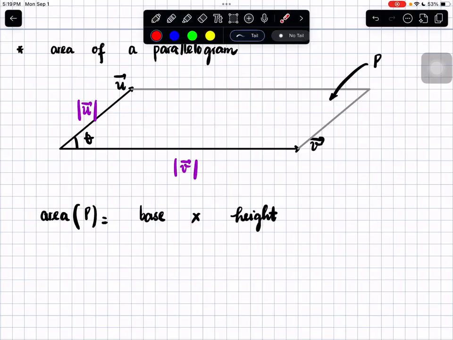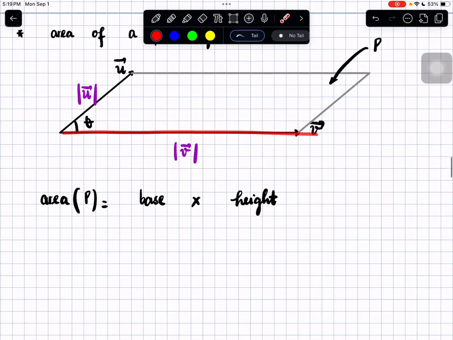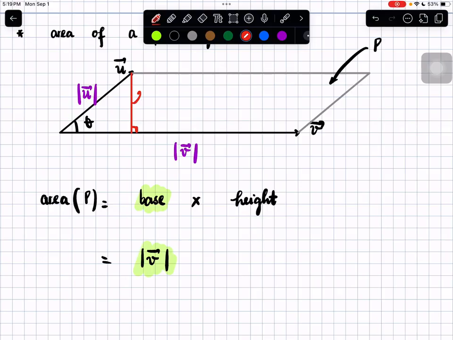The base, we can choose it to be v. The length of v is the base. The height, let me draw the height. This is perpendicular. The height, let me call it h.